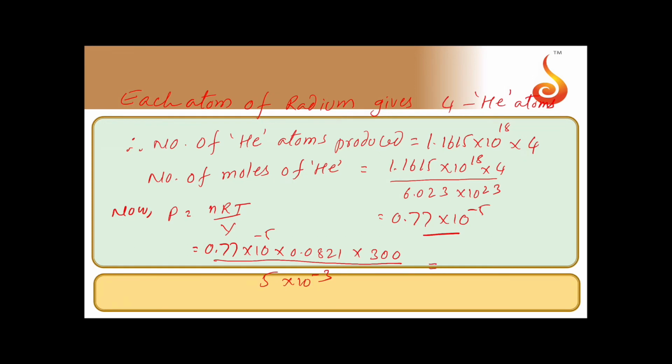Which comes out to be, at the end, 3.79 into 10 to the power of minus 2 atmospheres.